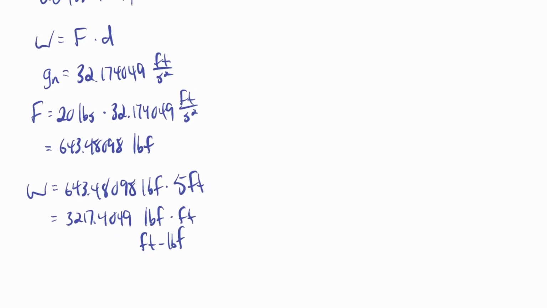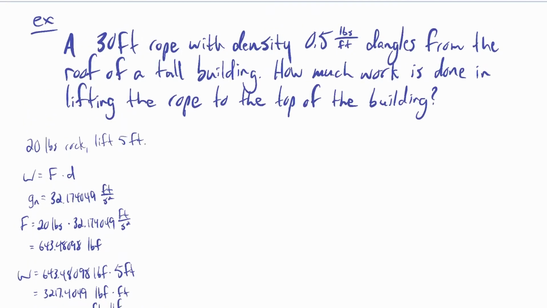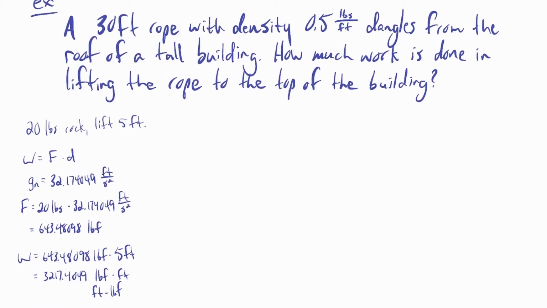Now, what if we were moving a rope? The rope is a single object, but if you think about it, dangling from the top of a building, then the bit of rope at the top or near the top doesn't have to move as far. So this is the formula when moving a fixed distance. Okay, what if you have a variable distance with a fixed force?